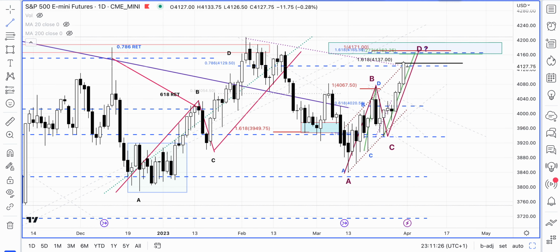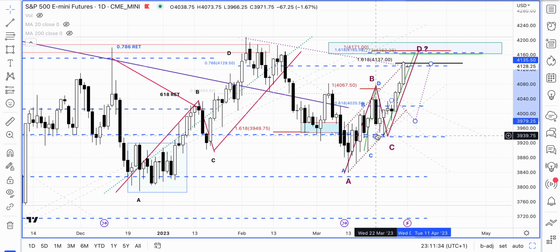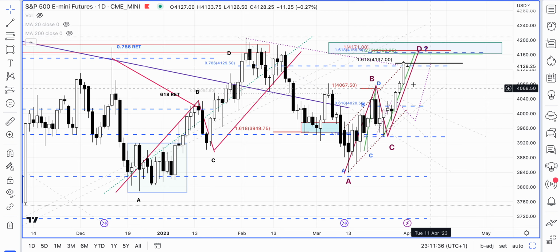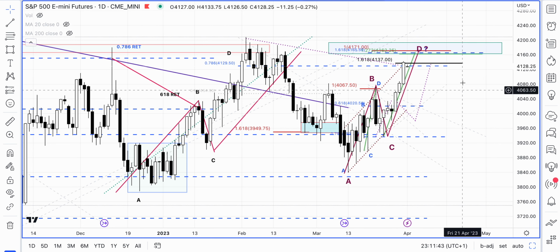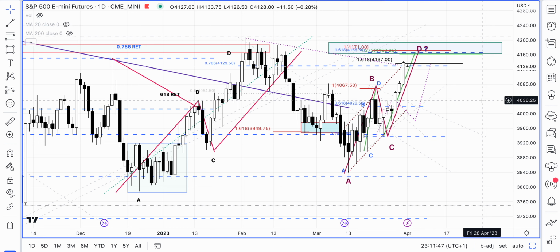But if we take this one and we have another one like this, then the 1.618 takes us to right here of this smaller ABCD. So I'm just not gonna draw that over here because there are too many things on the chart now. I just want to keep my chart clean as much as possible.